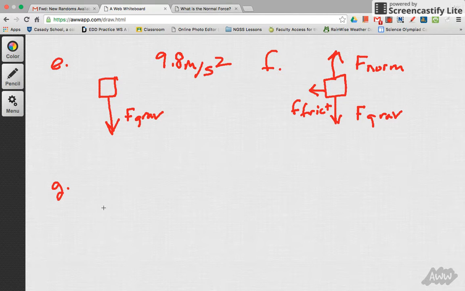G. The brakes are applied to a rightward moving car as it skids to a stop. So we got our car here. Once again, gravity is on the car, and the ground is pushing equal and opposite back up on it, so we have our normal force again. It's moving rightward, coming to a stop.